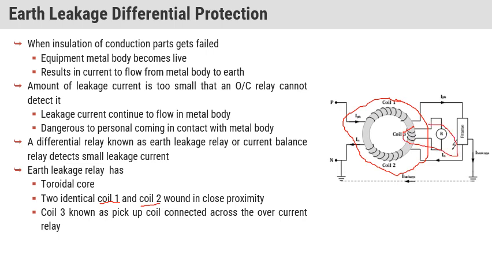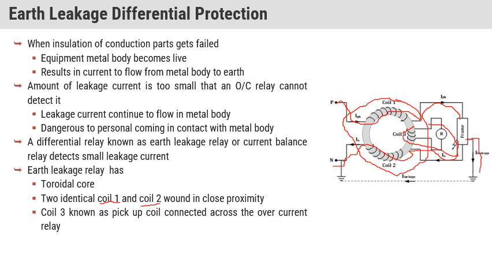You can see that our circuit looks like this. Coil 1 is wound from the phase through the toroidal core, and then connected to the frame. The other terminal, the neutral, is also wound on the toroidal core, then goes to the frame, and this frame is grounded.